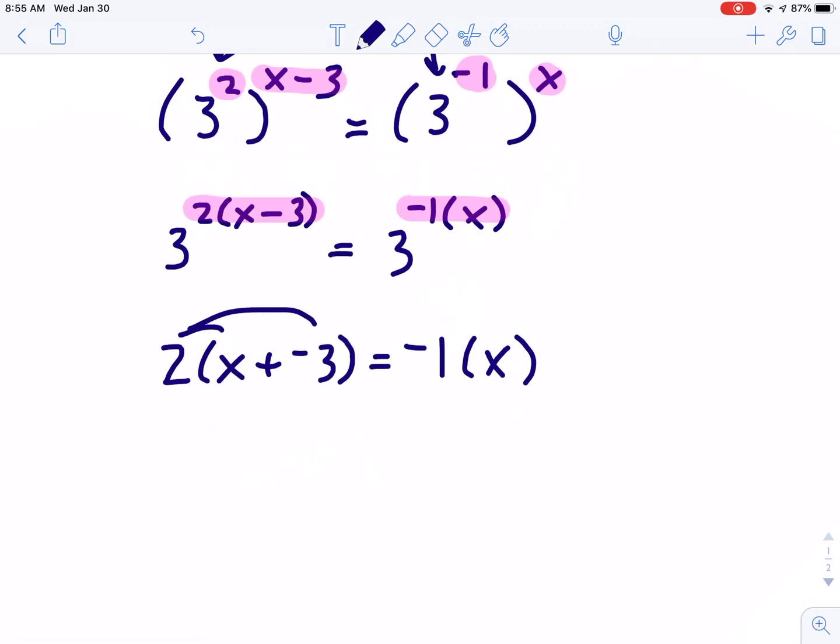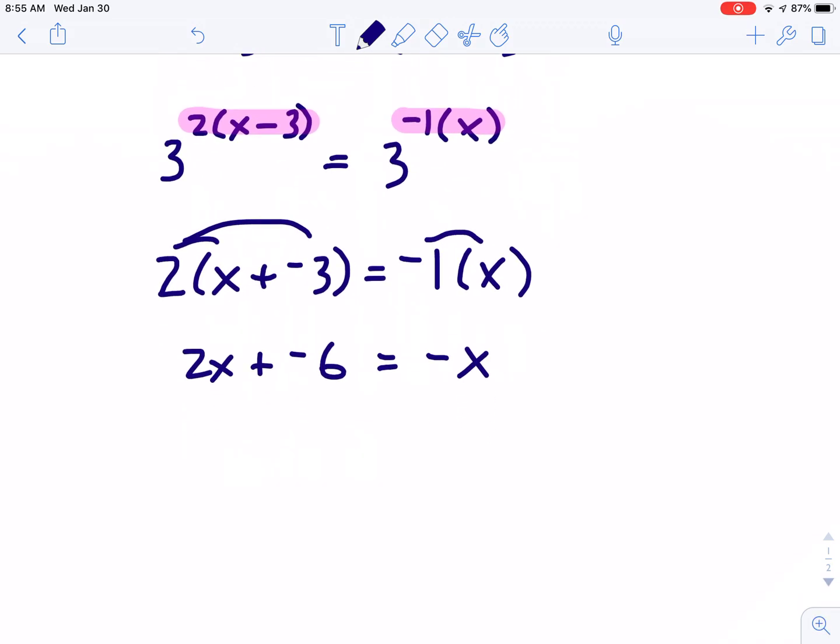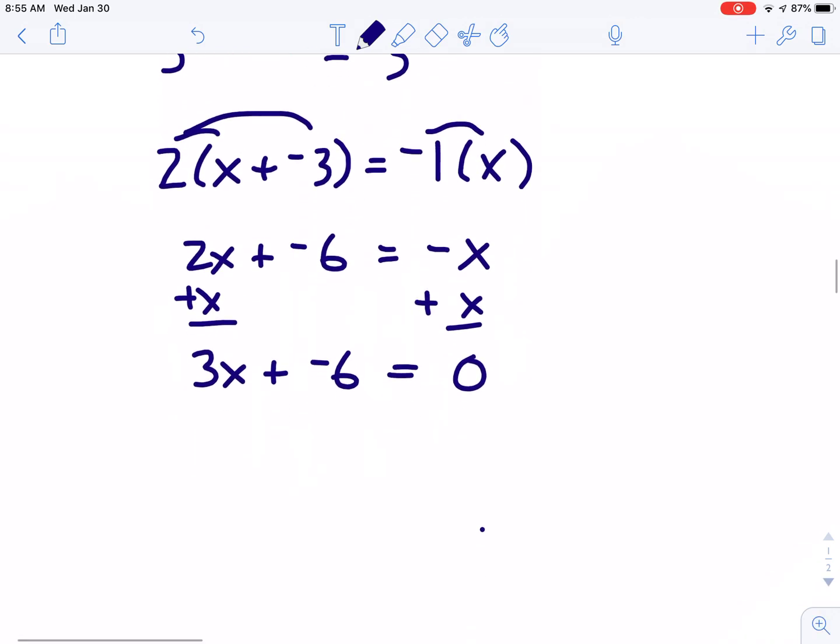Distributing these in, you get 2x plus negative 6 equals negative x. Adding x to both sides, now you get 3x plus negative 6 equals 0.